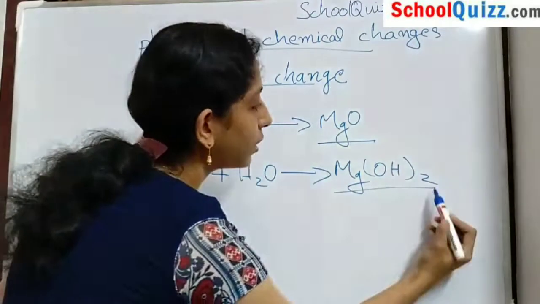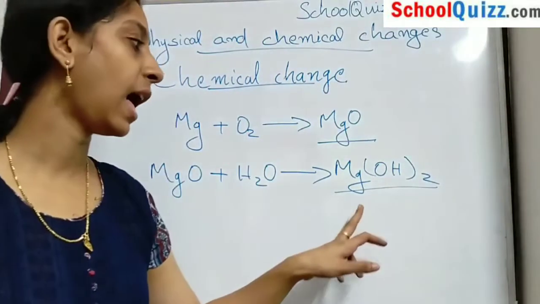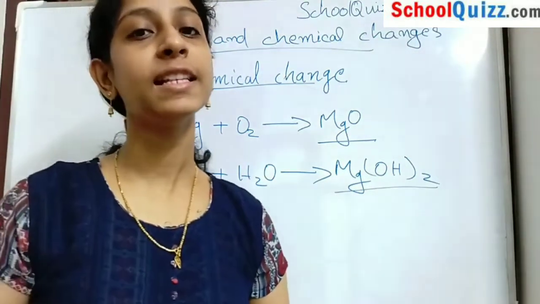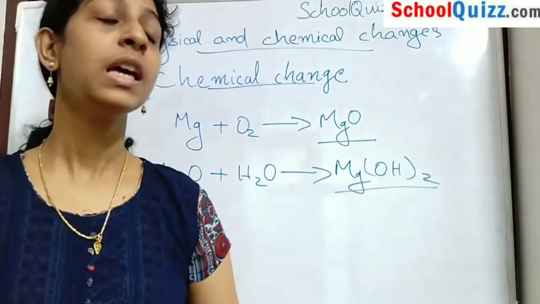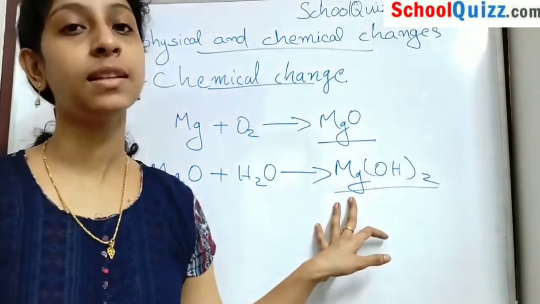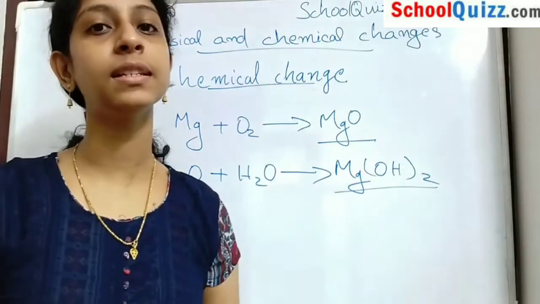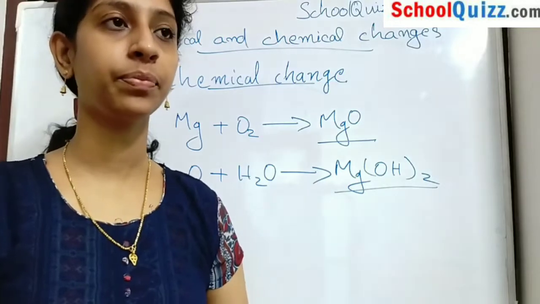We test whether this magnesium hydroxide is an acid or a base. How can we identify whether a substance is an acid or a base? We can use litmus paper as an indicator.